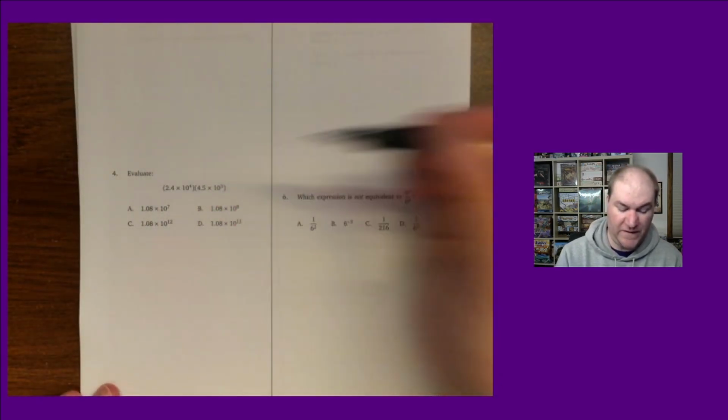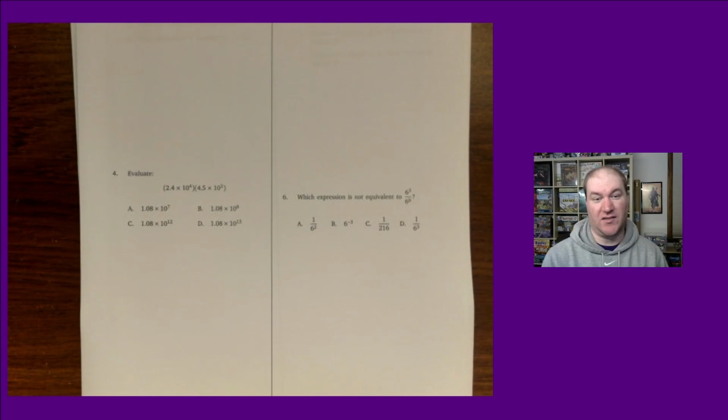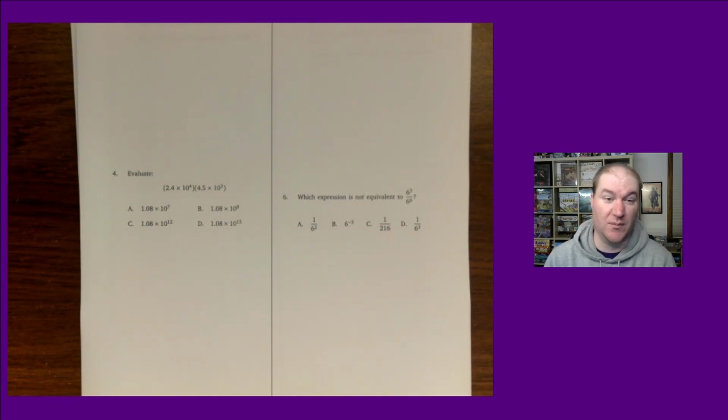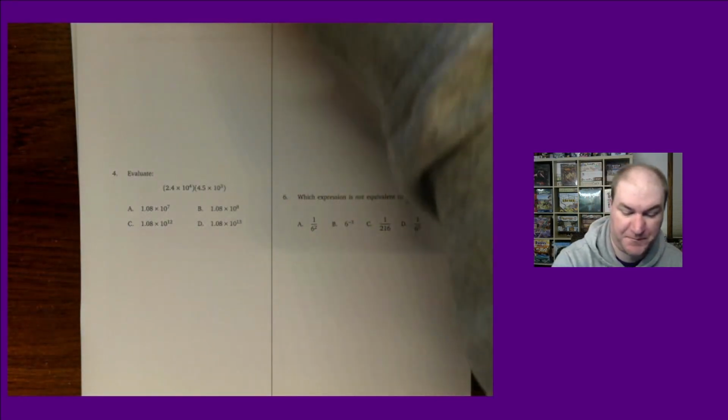Question number 4, evaluate. And then it just has 2 numbers in scientific notation in parentheses with nothing between them. Now, numbers in parentheses with nothing between them means multiply. So we're going to multiply these 2 numbers. So all I'm going to do is open up my calculator, and I'm going to multiply 2.4 times 10 to the 4th, times 4.5 times 10 to the 3rd.